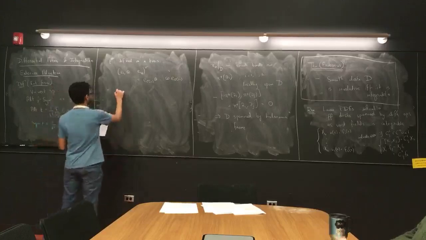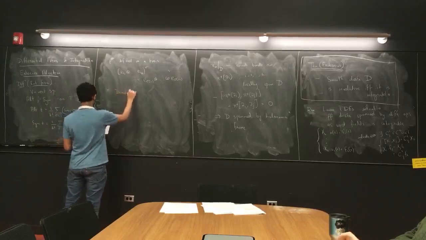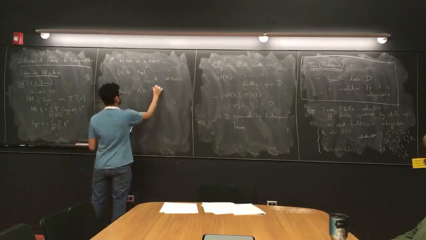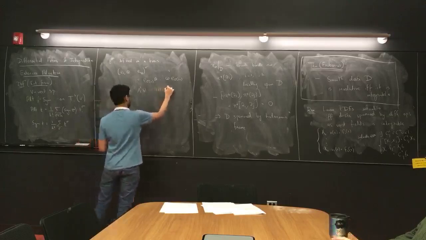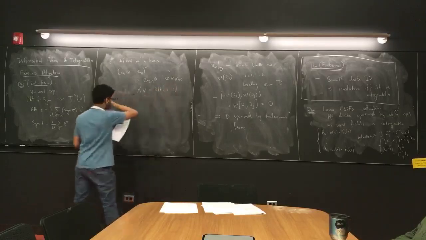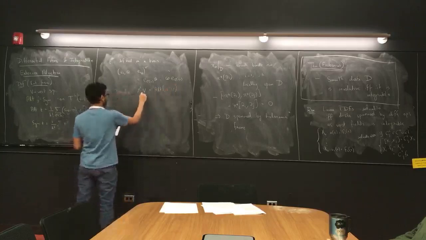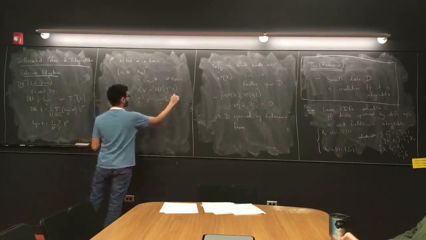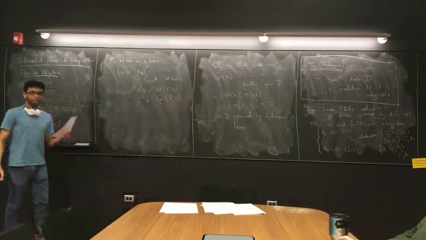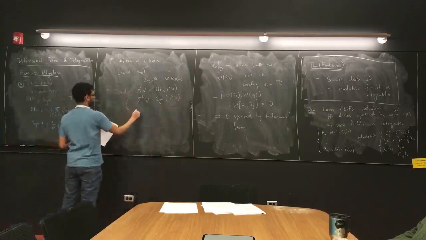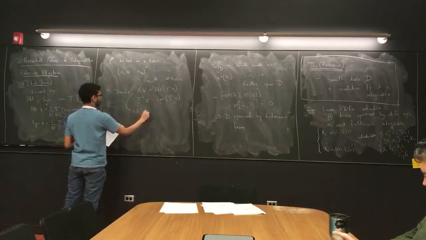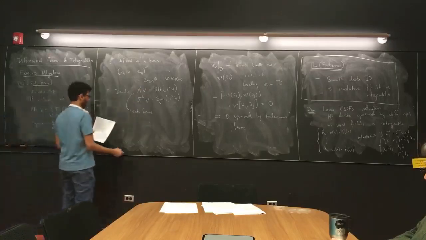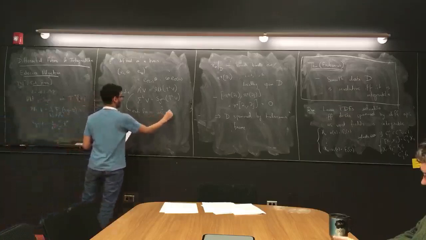So we can denote by Lambda^k V the set of alternating rank k tensors, and Sigma^k V the set of symmetric rank k tensors. And exterior forms are literally alternating tensors of degree k.